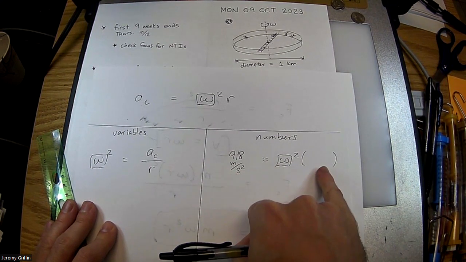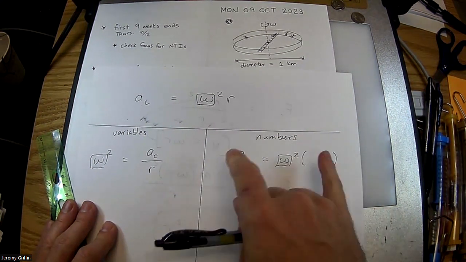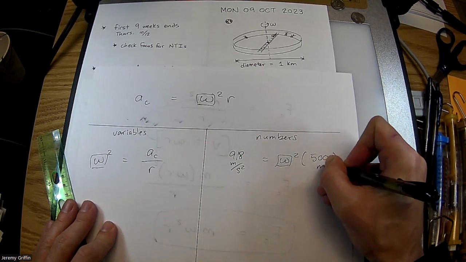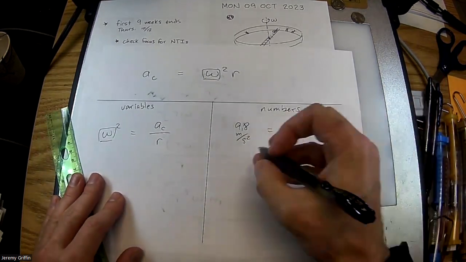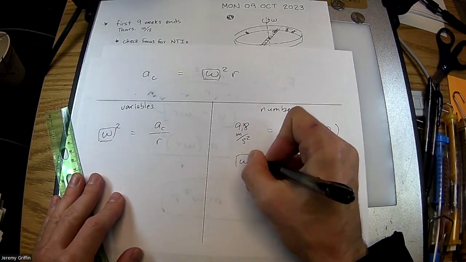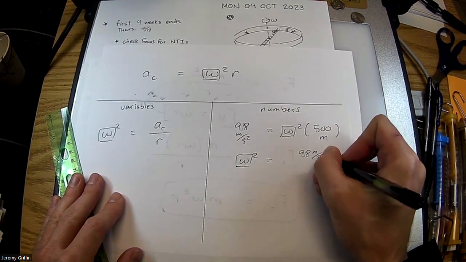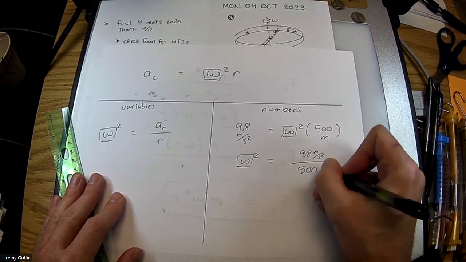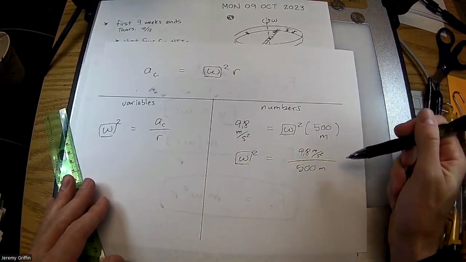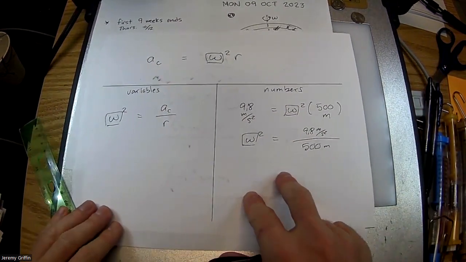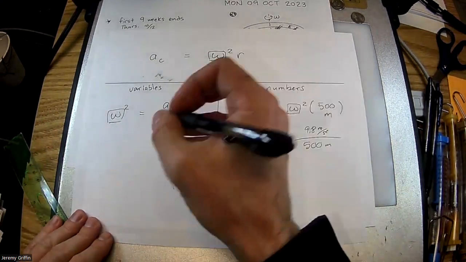So I better have meters over here, otherwise I mix meters and kilometers. So 500 meters is what I have to use. Then omega squared would be 9.8 meters per second squared, all divided by 500 meters. The meters cancel. You could also call it meters per radius, so that radians comes out in the end. Square both sides.